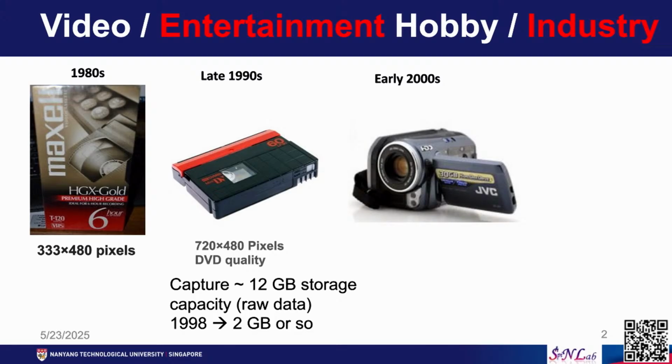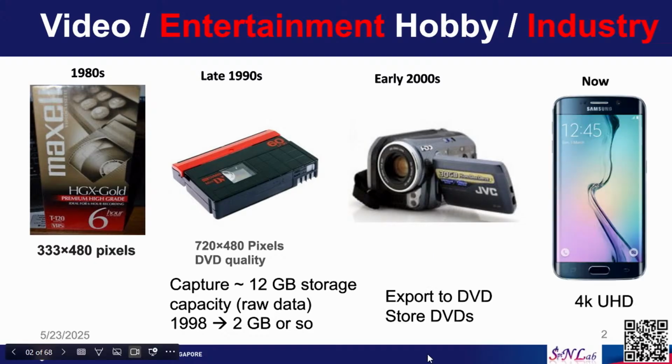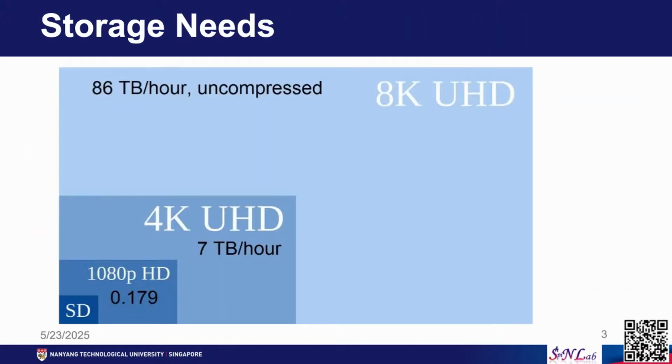In the early 2000s, we had this kind of camera where we could store videos in a hard disk drive. This camera had a 30 gigabyte hard disk drive. But now we have phones with 4K UHD cameras, and we store the video there.